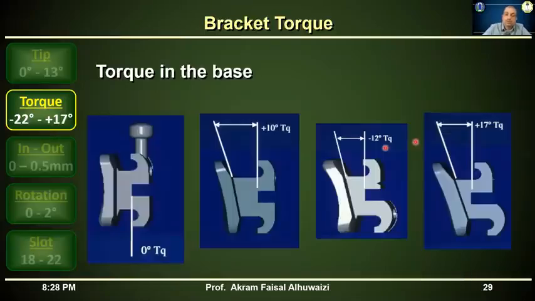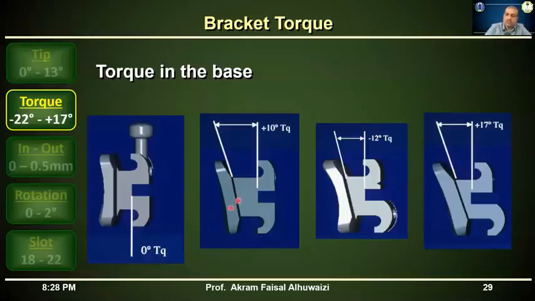Now, the torque inside the brackets, you'd notice that when you look at the faces of the brackets, they're generally the same. They're all vertical with all horizontal slots, but the difference is in the angle of the base. That's why they say it's torque in the base of the bracket.